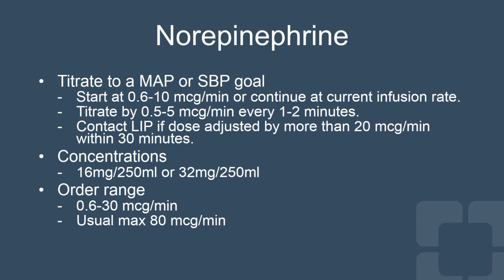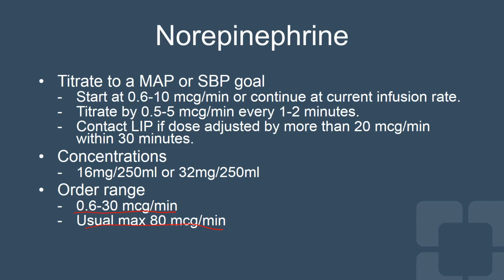We're going to titrate by 0.5 to 5 mics per minute every 1 to 2 minutes. Now again, keep in consideration where you are in that dosage range. As you can see here at the bottom, the order range is between 0.6 and 30 mics per kilo per minute, with a usual max of 80 mics per kilo per minute. If you're up in these higher ranges of 50 to 80, you may not want to titrate by 0.5 mics per minute.